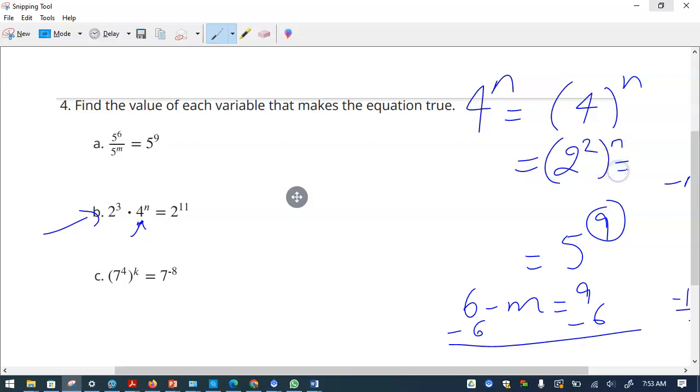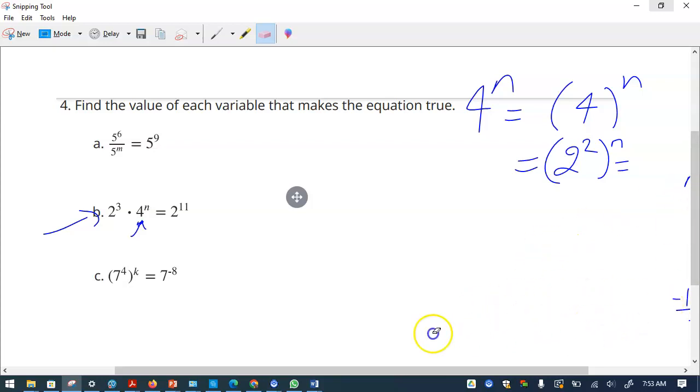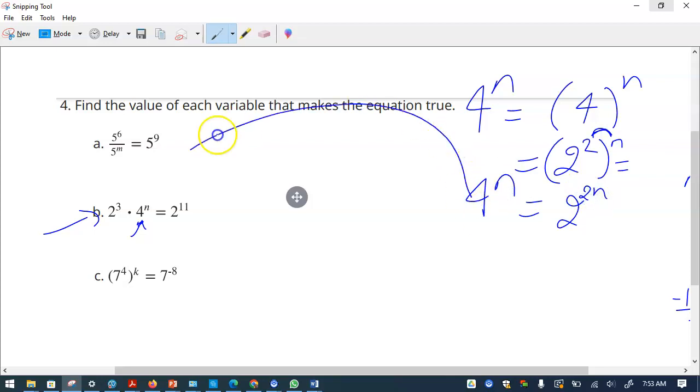And you can use power of power. That means if there are two exponents, you just have to multiply them. So this 2 and n will multiply to get 2 raised to 2n. So I'm going to replace this 4 raised to n right here. So we get 2 raised to 3 is what you have first, and the second one is 2 raised to 2n, and that is 2 raised to 11.